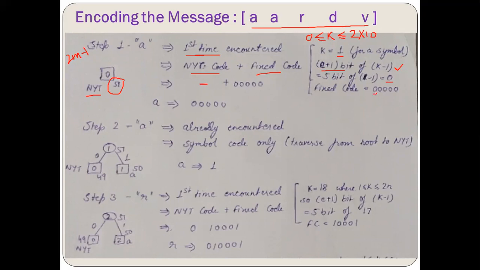It will be 0, 0, 0, 0, 0, 5 times. So this is how the code for symbol A is generated. NYT code, nothing is there. So only 5 zeros are left. This is the code for symbol A, that is 0, 0, 0, 0, 0.